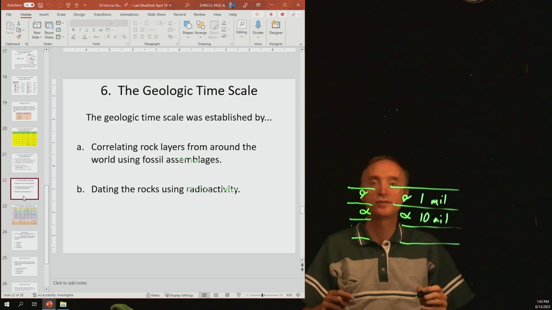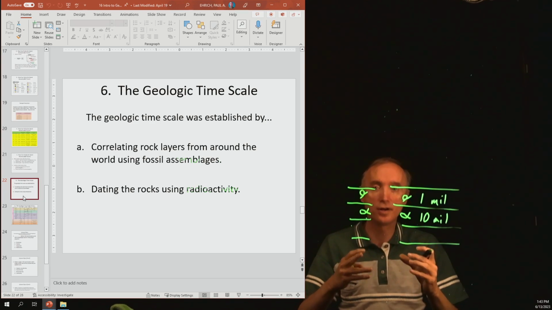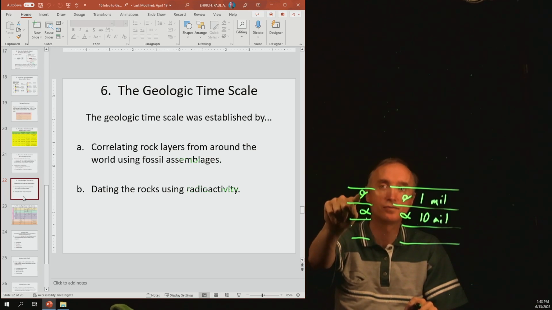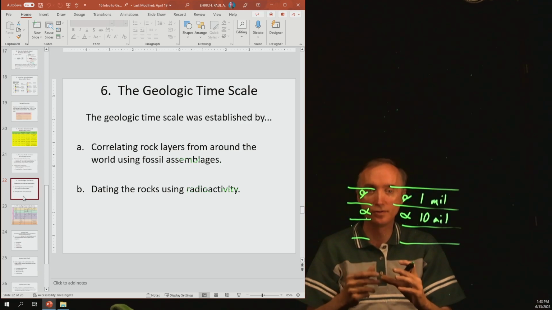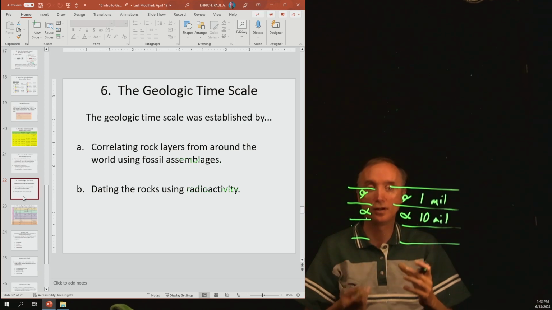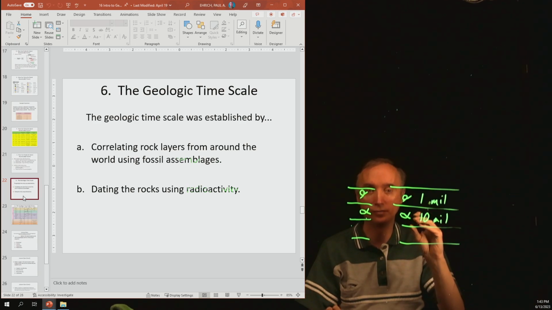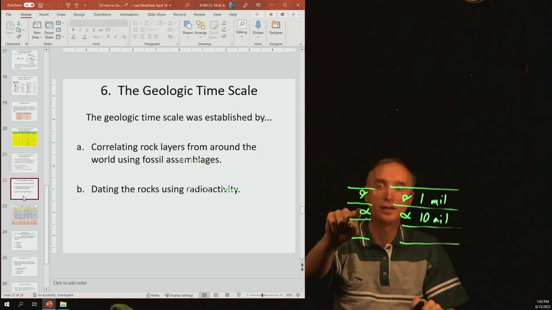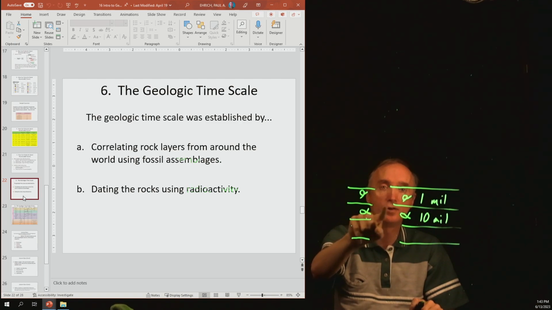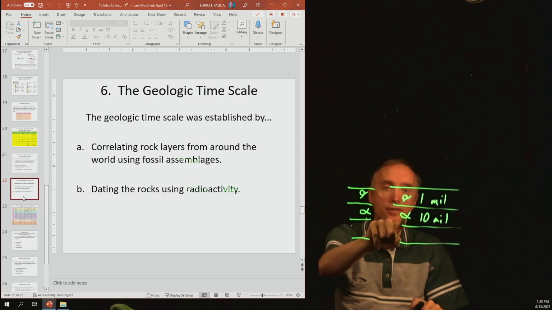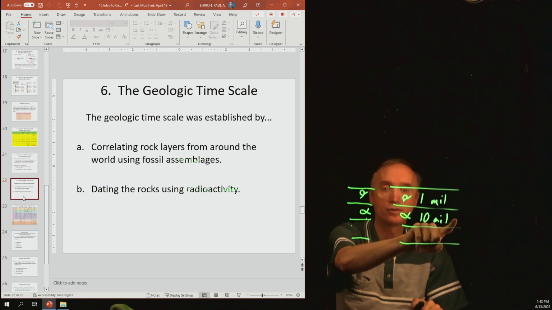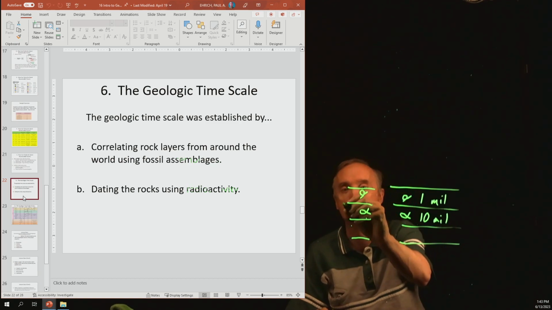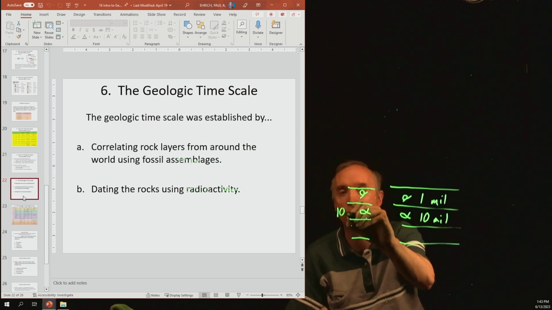Well, then they could say that, as long as these are index fossils, fossils that have appeared in geological time for only brief moments, then if this rock layer has this fossil, and we know that this fossil was found in rock layers that are 10 million years old, now you can say that this rock layer over here is 10 million years old.